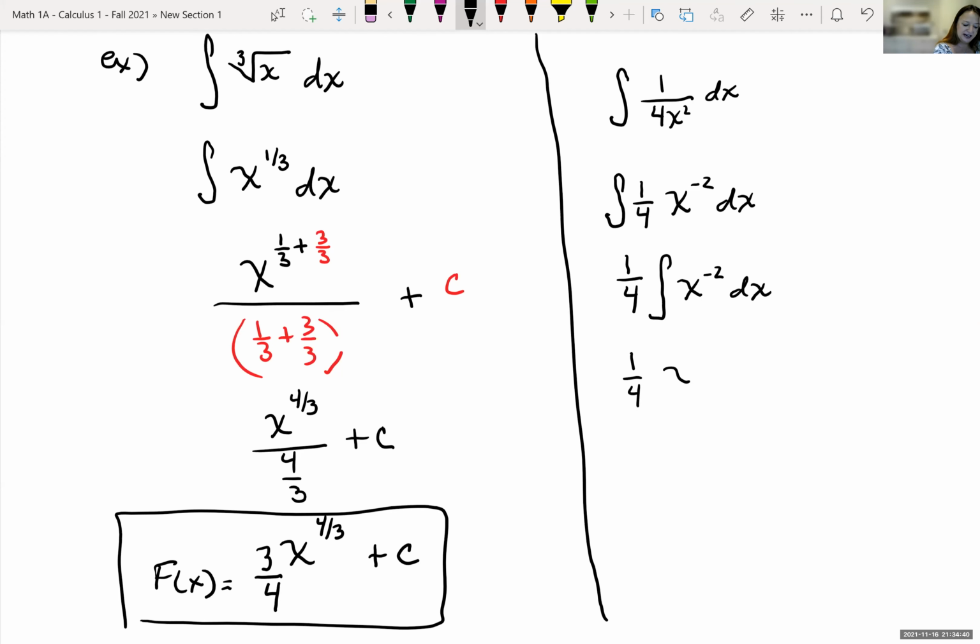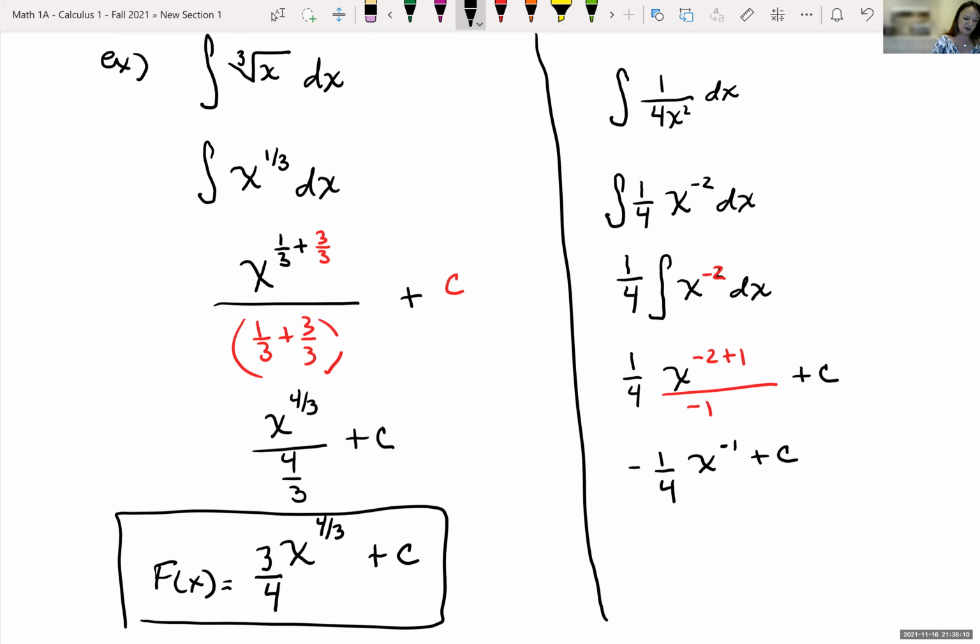Now when we take the antiderivative of x to the -2 power, we're adding 1 to our exponent, so -2 plus 1. Divide by our new exponent. Well, that would be -1 plus some constant c. So let's bring that negative out front. This is -1/4 x raised to the -2 plus 1 power is -1 exponent plus c.